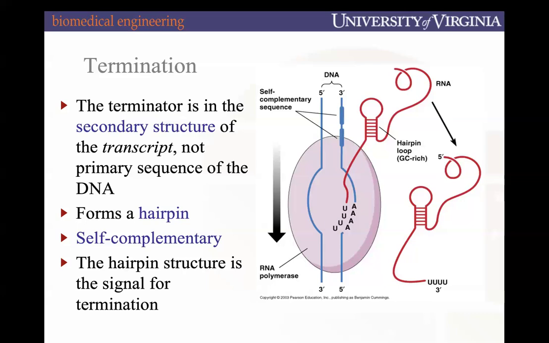So the hairpin structure is enabled because of these stretches of mRNA that are complementary to one another, C to G, A to U.